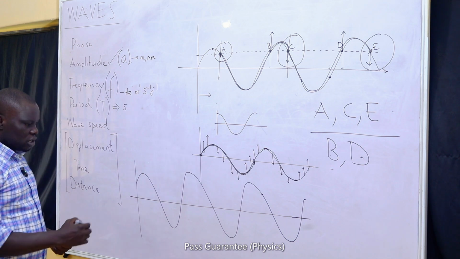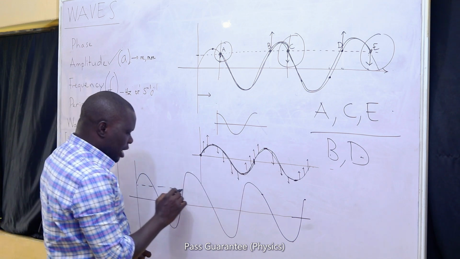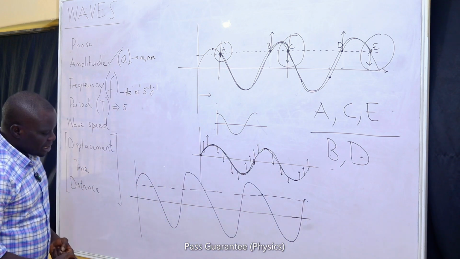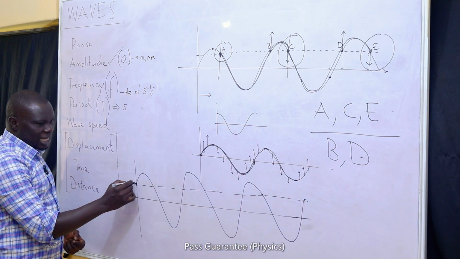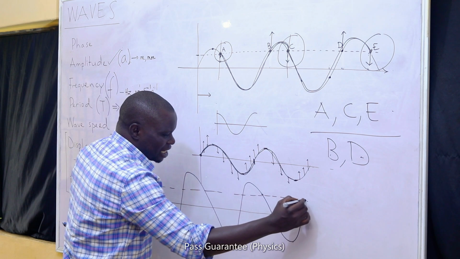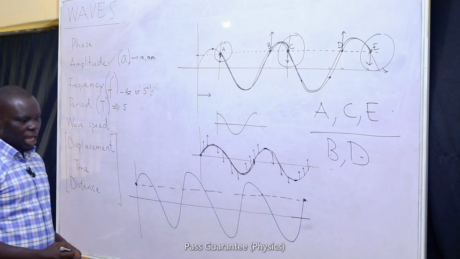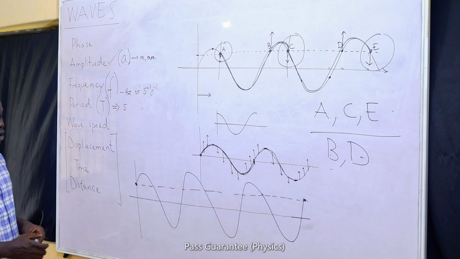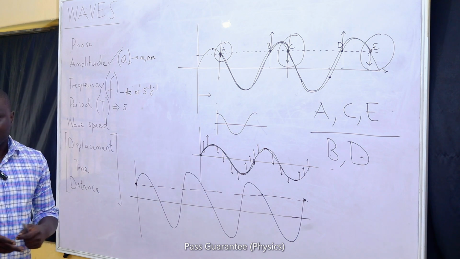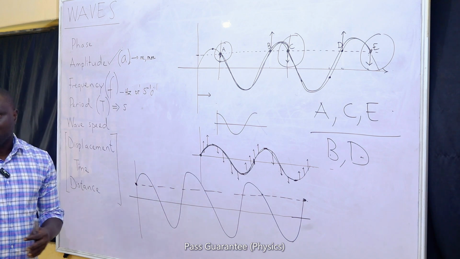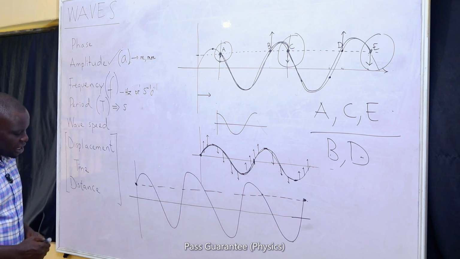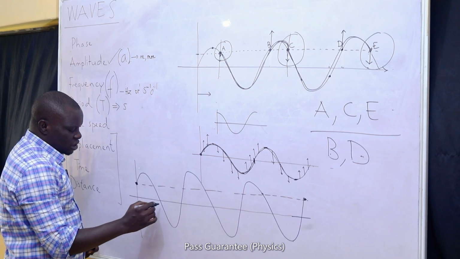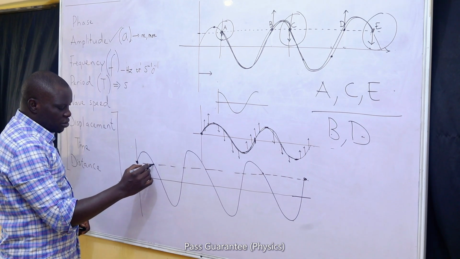But luckily, if we draw a line across, we'll see that the graph is starting and ending exactly at 2 points that are in phase with each other. So I can decide to look for the points that are in phase and count the number of successive points that are in phase to get the number of cycles that have been given. If this point, the next point that is in phase with it is not this, because this one will not be moving in the same direction.